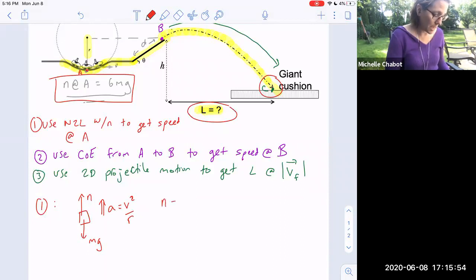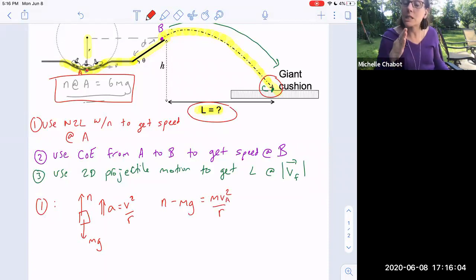So we can say N minus mg, the sum of forces in the vertical direction, is equal to m v squared over r. And I'm going to call that v sub A because that's telling me that's the speed at point A. Subscripts can be very useful with these combined concept problems. And so then N, in this case, we were told that was equal to 6 mg.